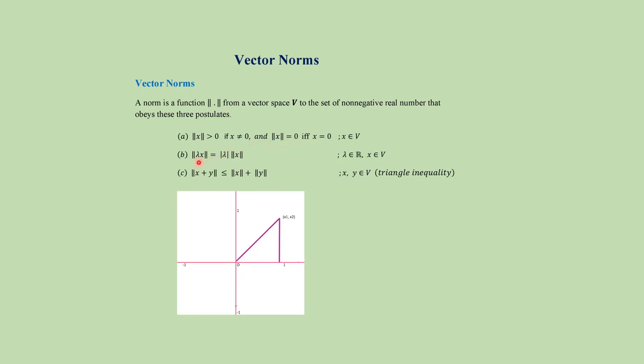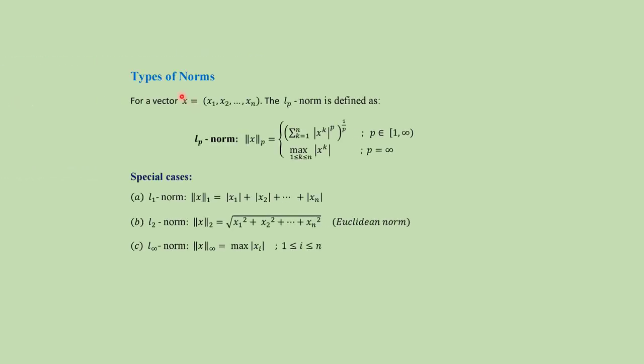Second property is the scaling property. That means we are scaling the distance by the factor lambda. Third property is called the triangle property. That is, if you go this way, then this distance will be less than the distance of this path plus this path.